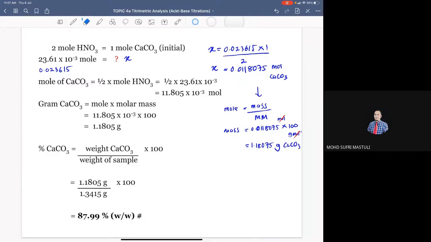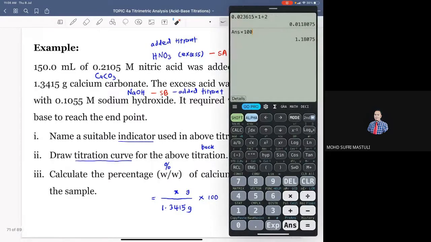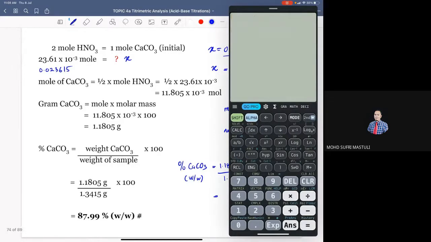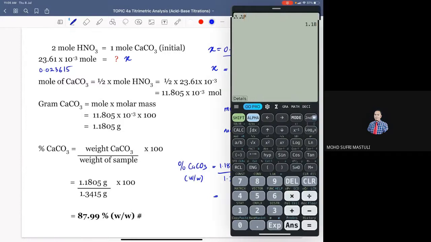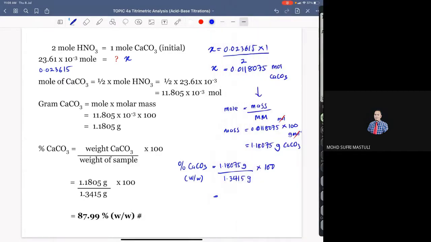So in order to calculate the percentage of calcium carbonate per weight, the real one that you determine by using the titration, divided by the amount of sample, 1.3415 gram, and then times 100. 1.18075 divided by 1.3415 times 100. So 88.0.